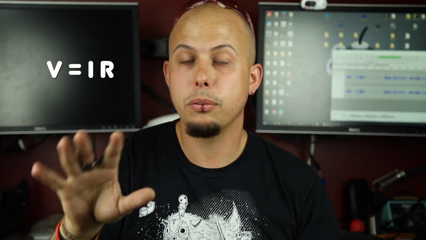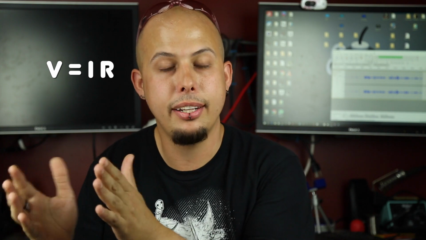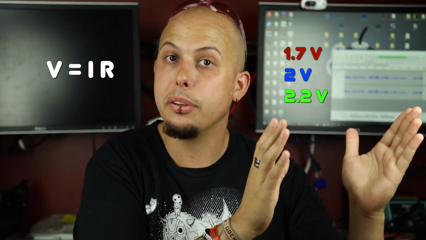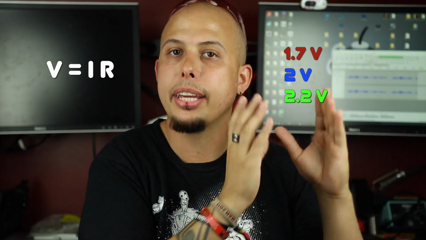So when dealing specifically with LEDs, we look at Ohm's law of V equals IR and the forward voltage of the LED, and we need to account for this in this simple equation that's going to be repeated through everything we do.